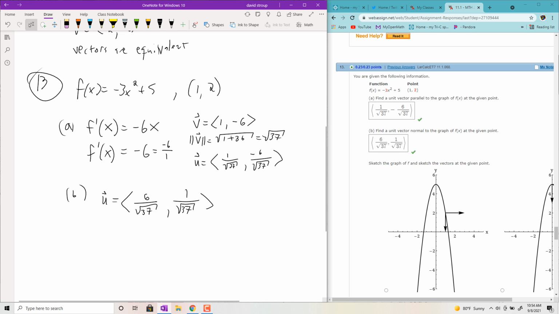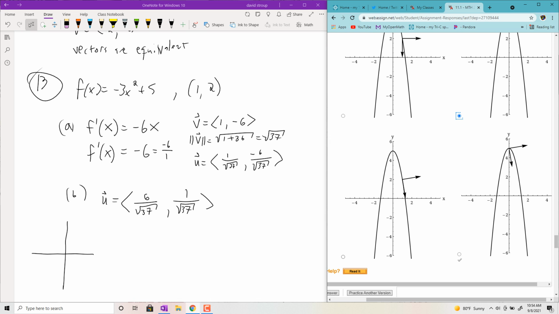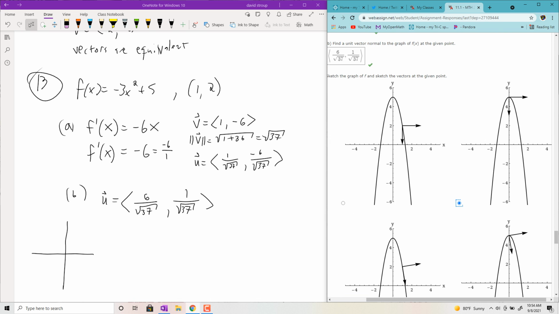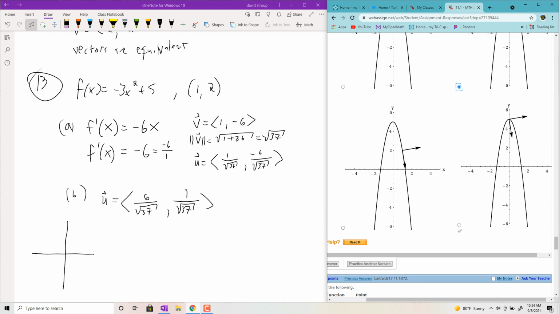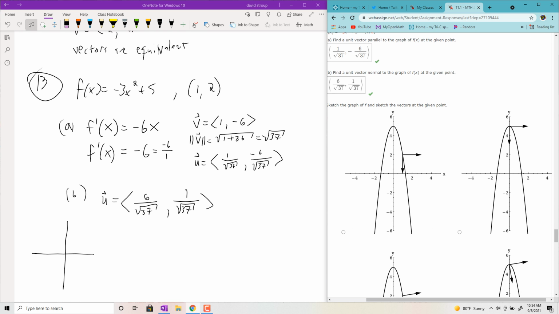So for the graph, the pictures here, we're after this one, that's not correct. It's this one we're after, I believe.